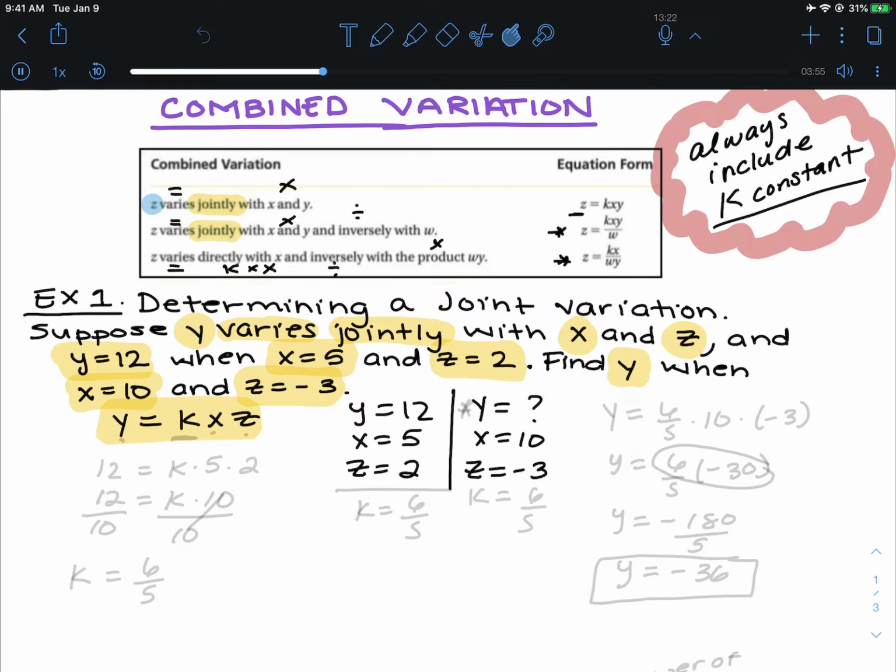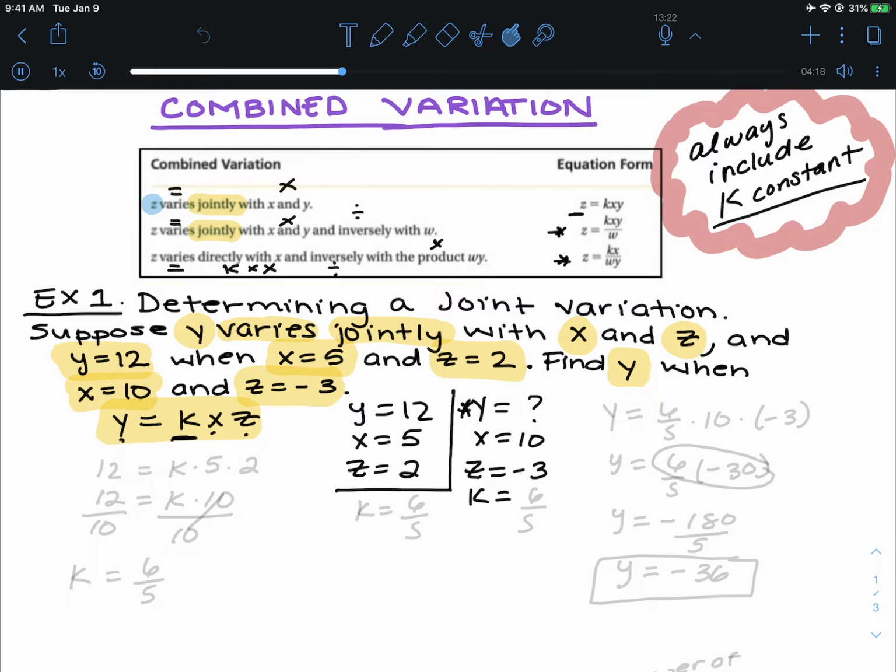If you notice, for the first piece of information, they gave us Y, X, and Z. The only thing that we're missing is this K. So we have to use these three variables to find K. Once we find K, we can use it to find our missing piece, which is Y.